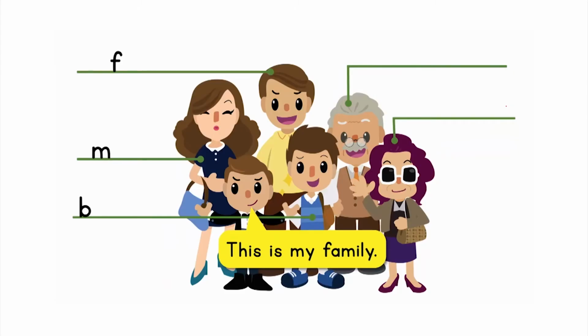This is a picture of a big family. There's so many people. Let's start at the top. There's a letter F already there. What word do you think that is? Father. What about the word that starts with an M?